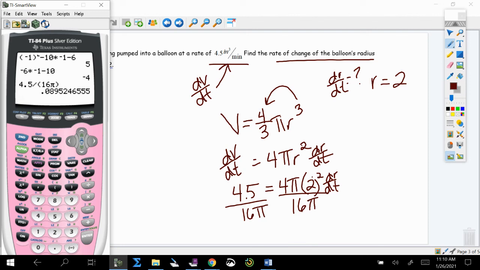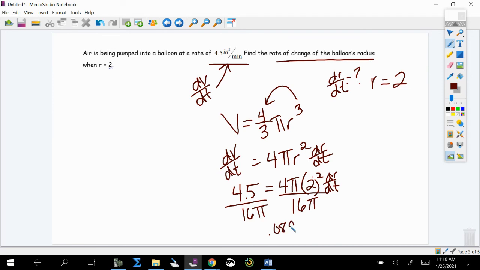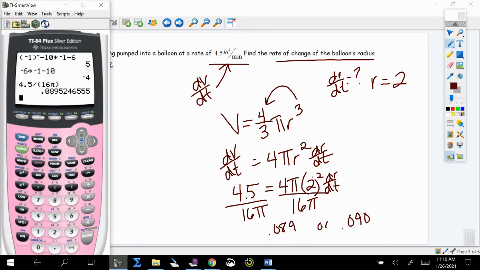Now, as far as decimal answers, we really have not worked with decimals at all to this point, so let me go through the standard for you. The standard for any type of decimal when you're trying to figure out rounding or truncating is you always need 3 place accuracy. So for this one, it would be 0.089, or you could say 0.090. You are allowed to either round if it rounds up, or truncate.